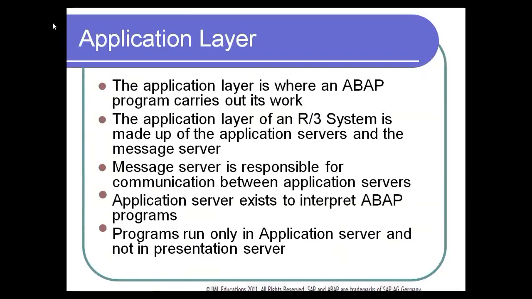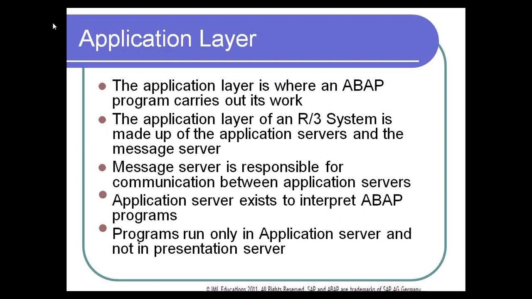So the application layer of an R/3 system is made up of application servers and the message server. The message server is responsible for communication between application servers, so it helps the application servers communicate with each other. The application server exists to interpret ABAP programs, right? So all your ABAP programs run in the application server.